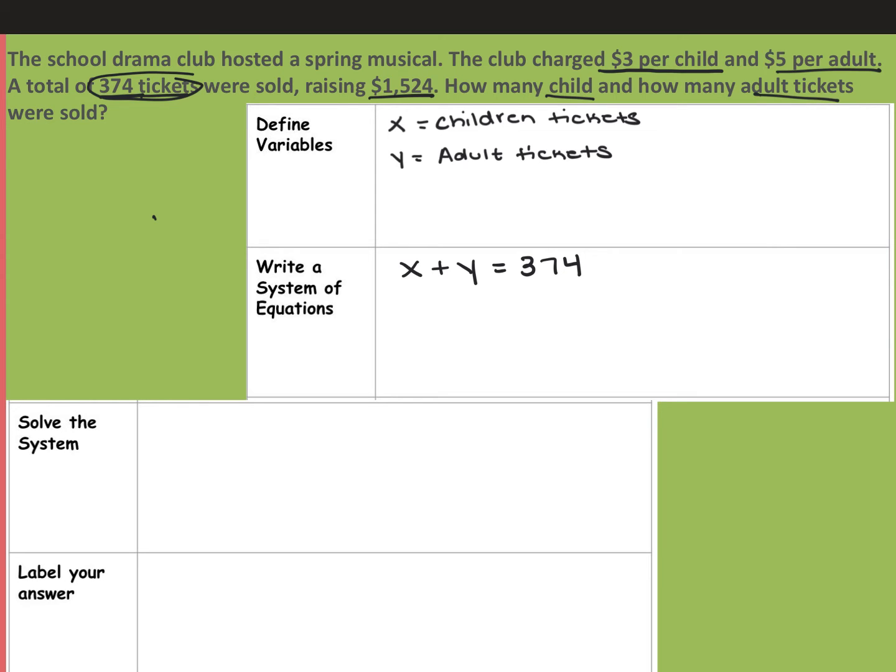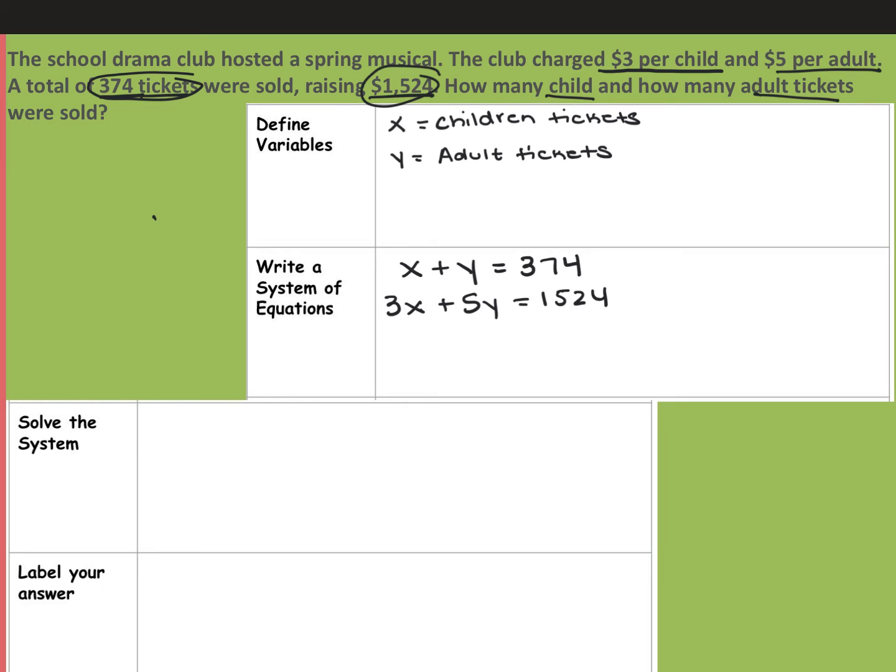Now we can also see that it charged $3 per child and $5 per adult. So we have 3x plus 5y, and they raised a total of $1,524. Now from that information, we have our system. Again, we can use substitution, elimination, or graphing.